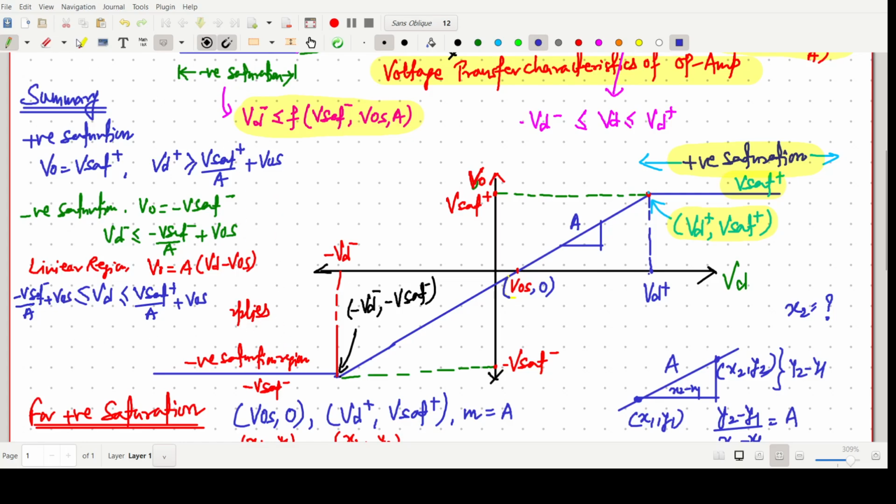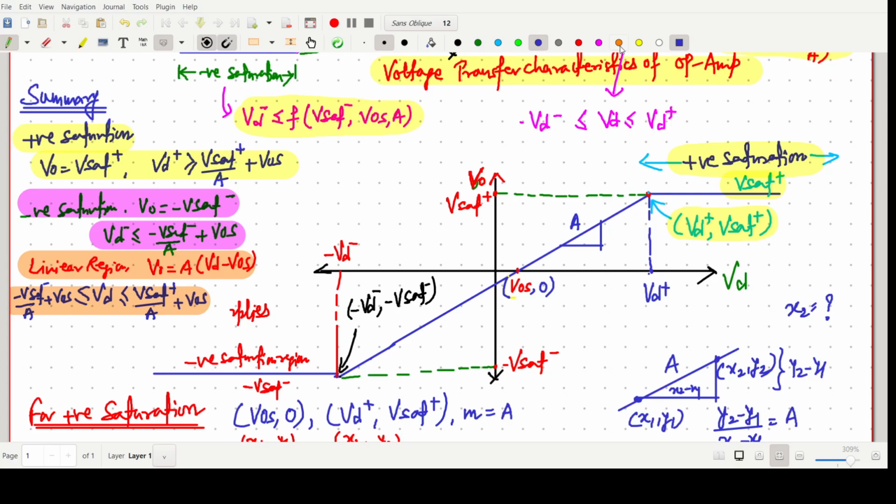So these are the conditions that we have to take care of for the positive saturation, the negative saturation, and one more for the linear region. It is very simple. We have to go step by step.